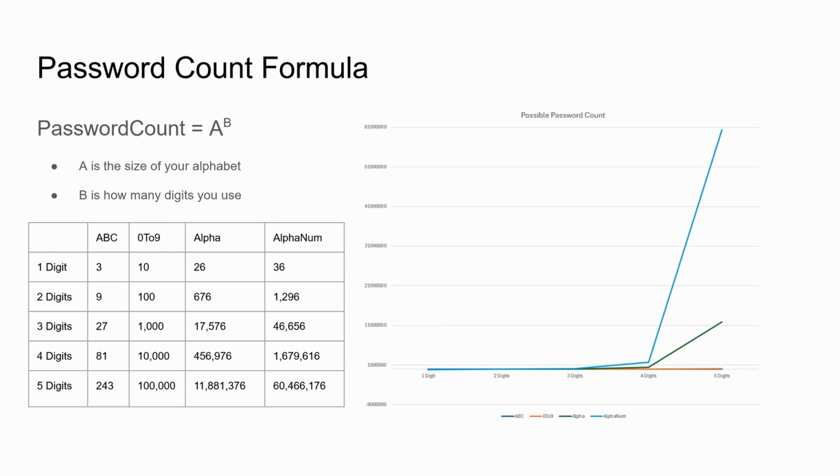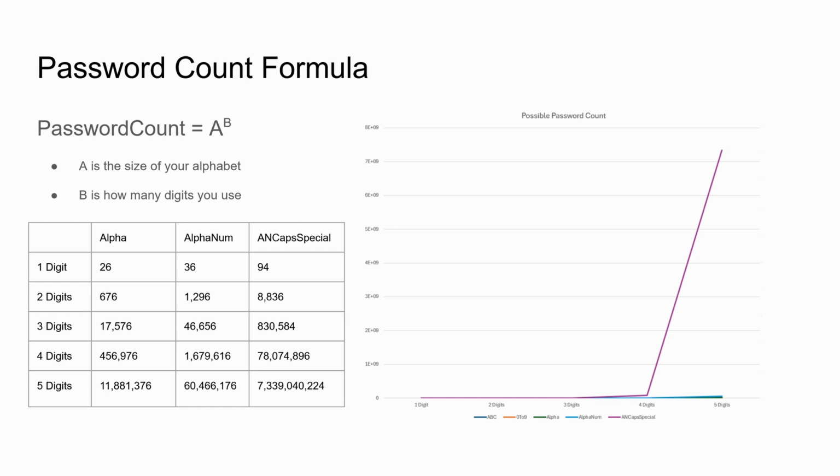And we can augment that further by saying that it can be either a lowercase letter or a number. And then once again, it dwarfs the last option. It's at 60.5 million possible passwords by the time you hit 5 digits instead of almost 12 million. But now if we allow both lowercase letters, numbers, uppercase letters, and special characters, that brings our alphabet size up to 94 possible symbols.